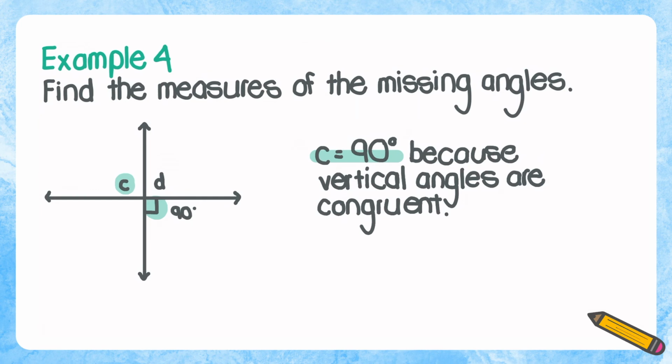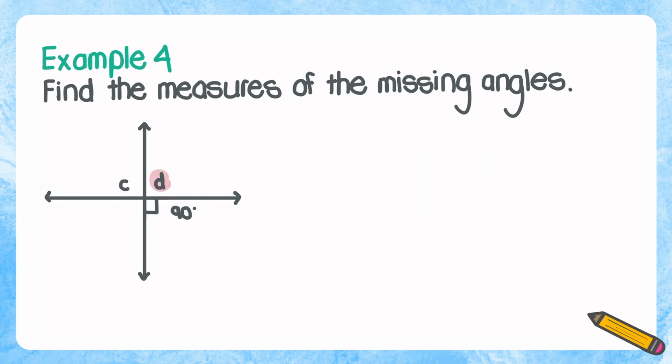Next, let's look at D. So focusing on angle D, notice here we have a straight angle measuring 180 degrees. So that means that angle D and 90 degrees are supplementary, so they add up to 180 degrees.